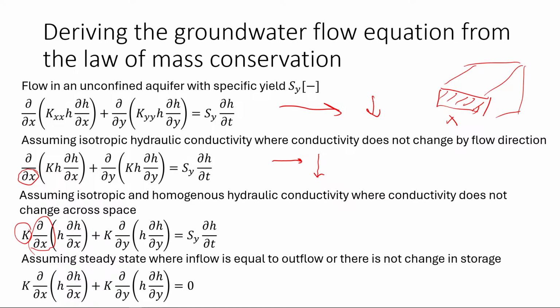Yeah. If my function is steady state, it's not changing in time, this means that this is zero. Then I get this form of equation. So this form of equation will assume that, and in that case, I can take k as a common factor.